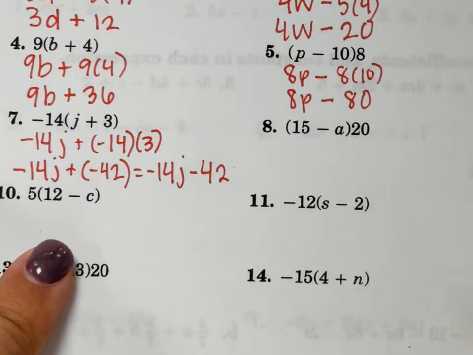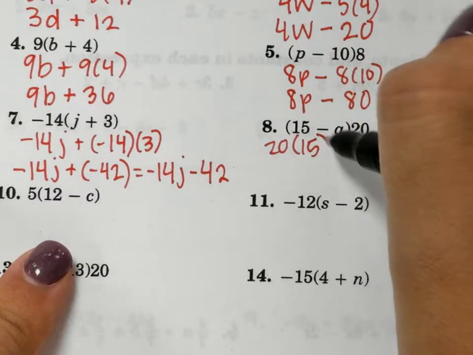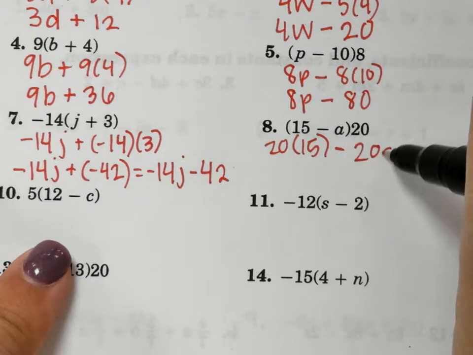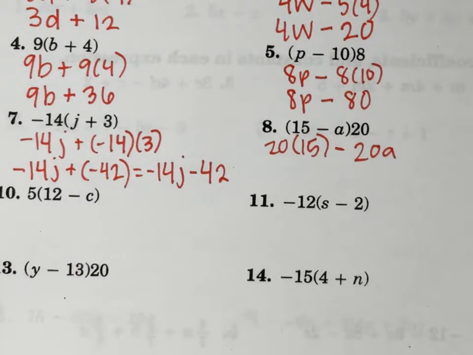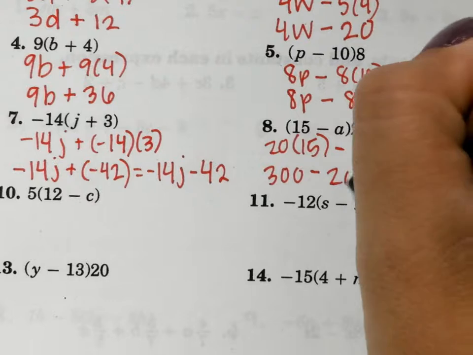Number 8. I'm multiplying my 20 times 15, keeping my subtraction sign, and 20 times a. What is 20 times 15? 300. So I get 300 minus 28a.